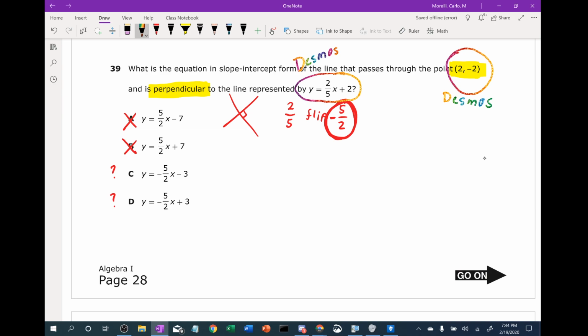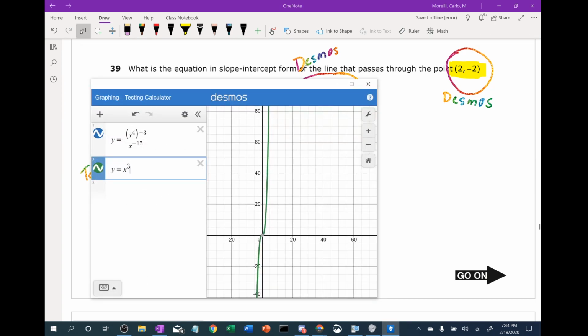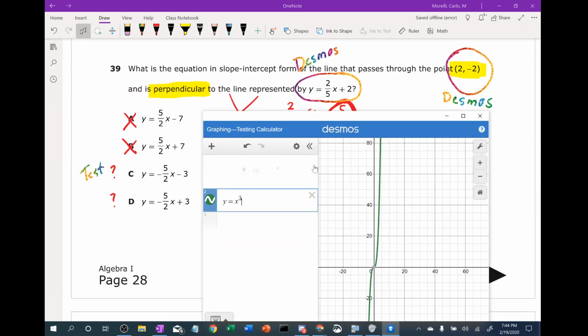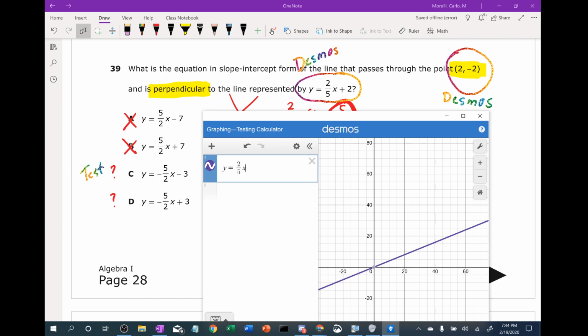Then test your answers and test these values. So that's what we're going to do. We're going to stick the equation in Desmos. Go over here and stick the equation in. y equals 2/5 x plus 2. So there's the equation that we're given.